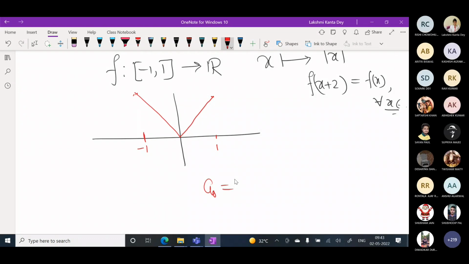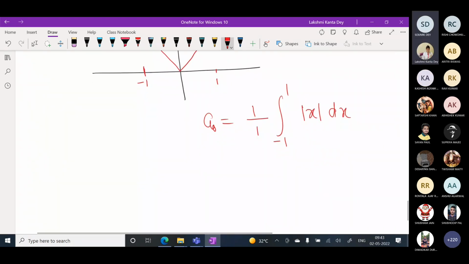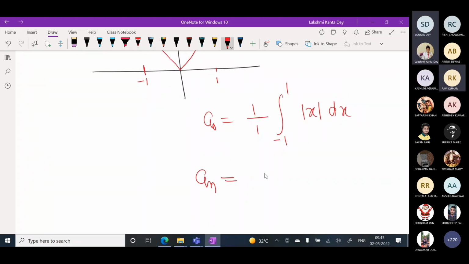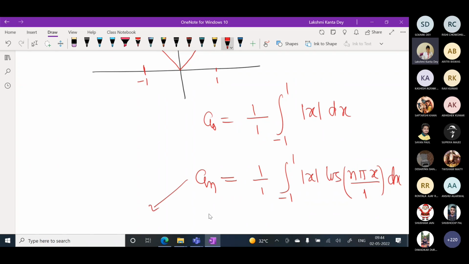It is 1 by L, with L equal to 1, the integral from -1 to 1 of f(x) dx, that is |x| dx. Then a n is 1 by L, the integral from -1 to 1 of |x| cos(n pi x by L) dx. So this integration, all of you can find.